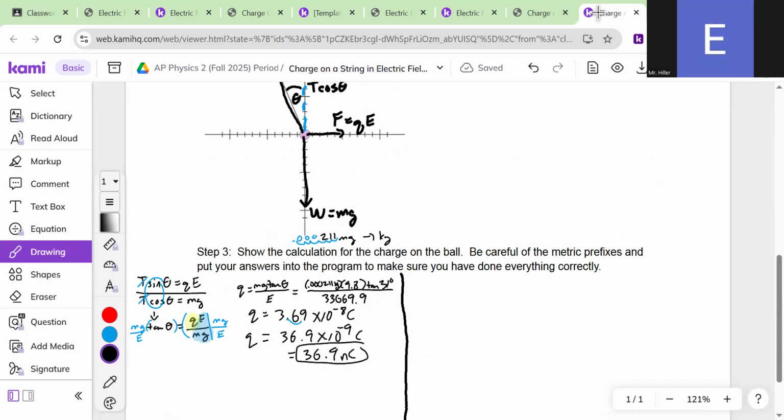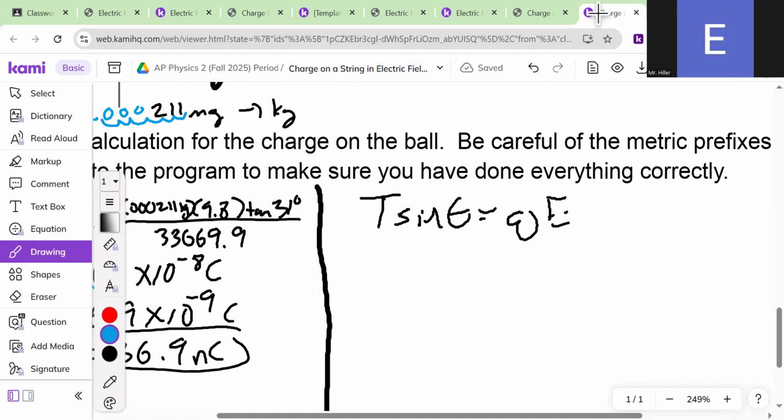Now I've got to find tension. Well, the good news is I've got two equations that have tension in, so pick your favorite one. I'm just going to choose the top one. T sine theta equals QE. So in order to solve for tension, I need to divide away sine of the angle from both sides.